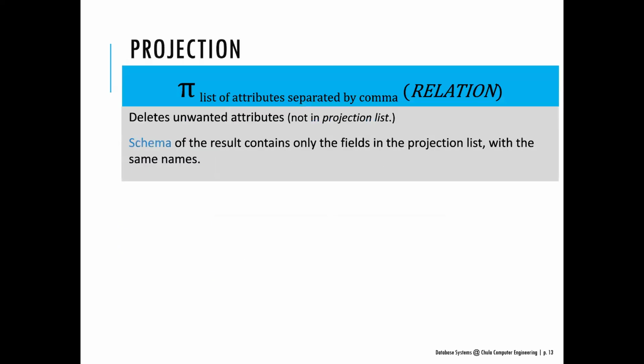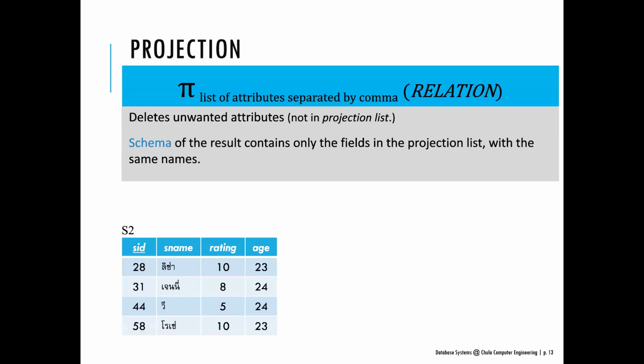Now, the second operator is called projection. For projection, you would project from a relation and you list the attributes that you want to project, right? So basically, the schema of the result would not be the same as the input, because it would only contain the fields or the attributes that you project.